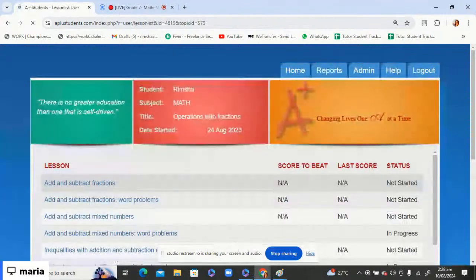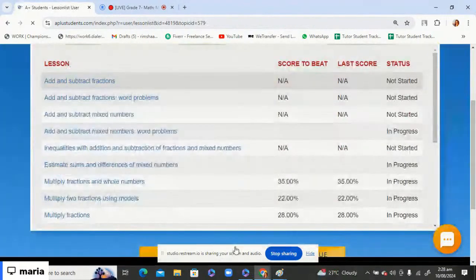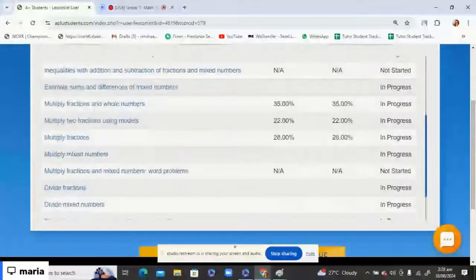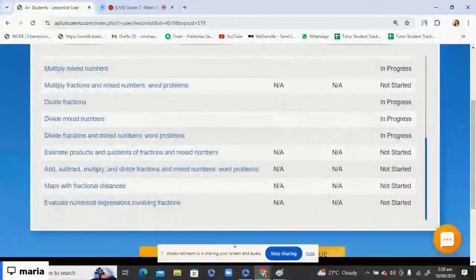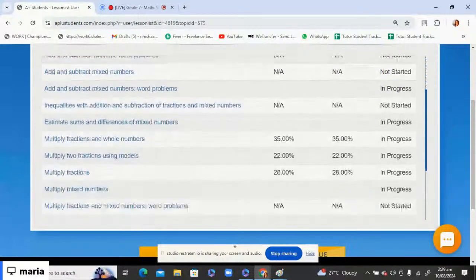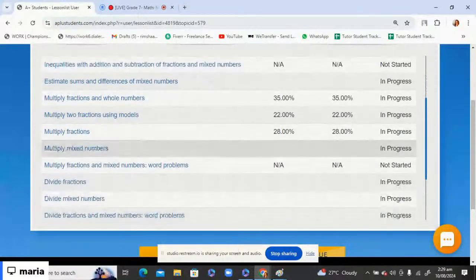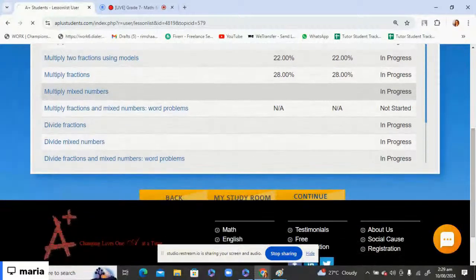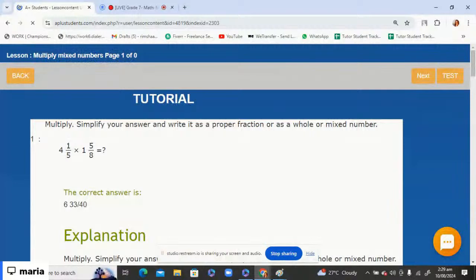So now we have done multiply fractions. Now let's multiply mixed numbers.